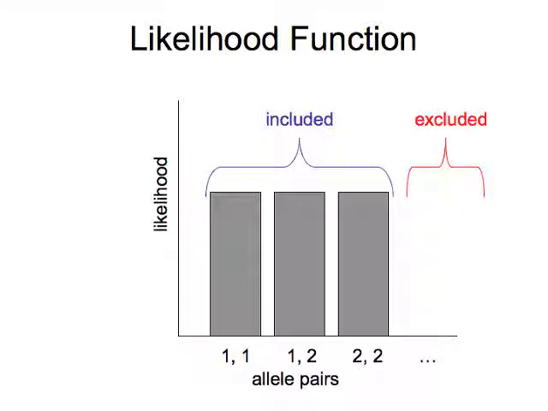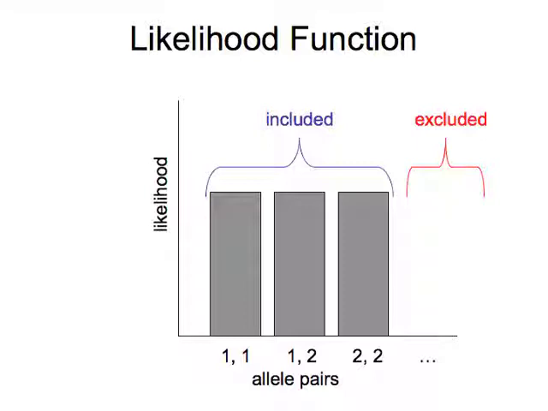So, for example, if the mixture evidence contains just the two alleles 1 and 2, then only the allele pairs 1, 1, 1, 2, and 2, 2 have both of their alleles contained in the evidence alleles. Every other allele pair would include some allele, say 3, 4, 5, that is not in the evidence and therefore would be excluded.